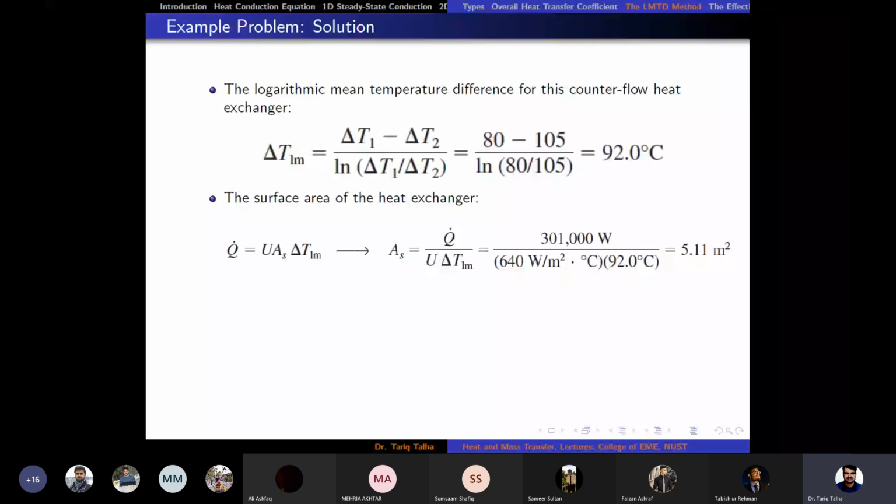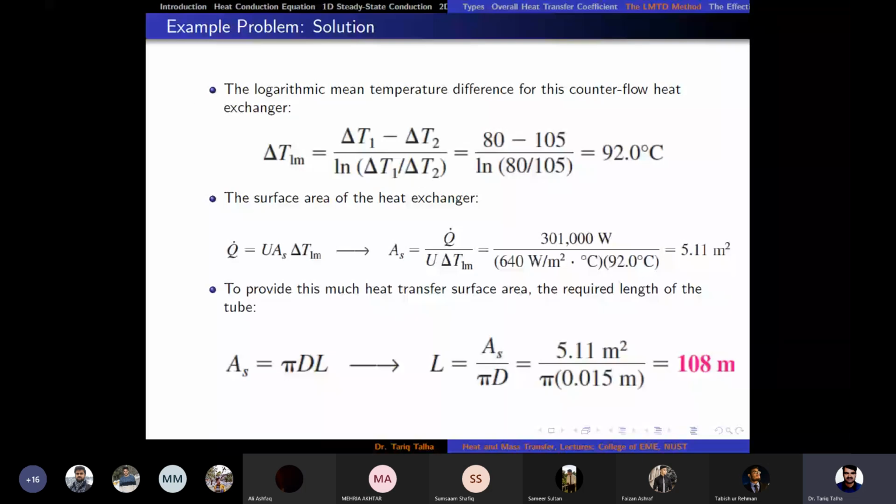That value comes out to be 5.11 meter square, and from here we can find the length. You can see that the value is 108 meters.